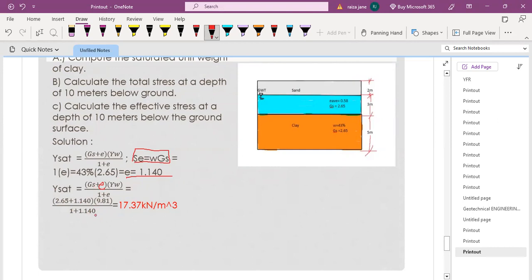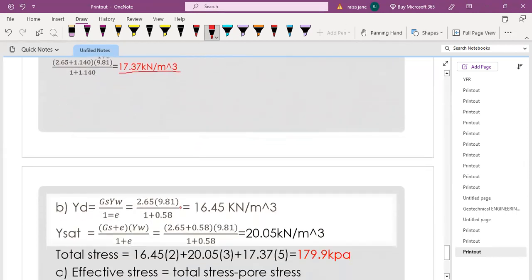So, double check ko lang if tama. 2.65 plus 1.140 times 9.81, 1 plus 1.140. Yun, tama. 17.37 kilonewton per cubic meter.